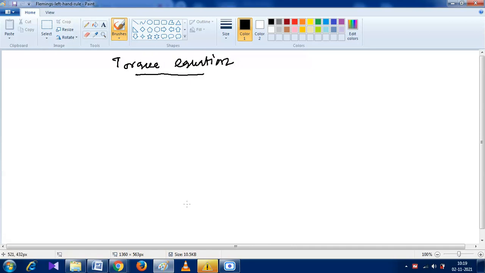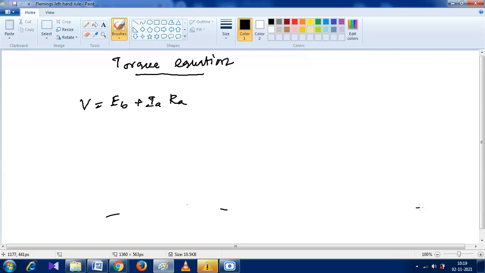What do we get from the motor equation? Tell me the motor equation. You can write from the motor equation we get V is equal to EB plus IA RA.